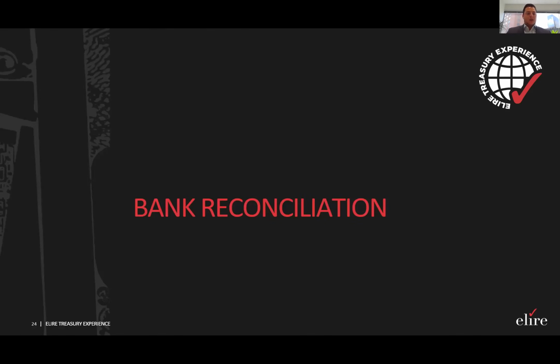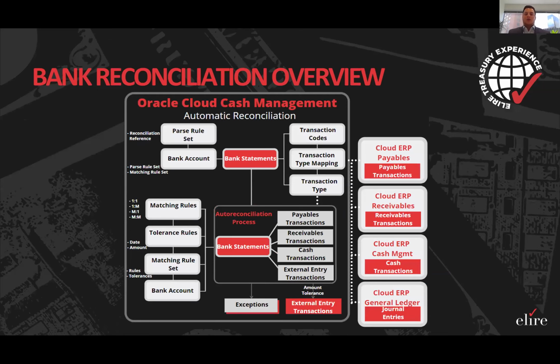All right, so then I want to move on to bank reconciliation and how Oracle Cloud manages that. So within cash management, we're able to perform an automatic reconciliation that takes a handful of different configuration pages and applies it to the bank statement when it is imported in, or when the process is kicked off, I should say.